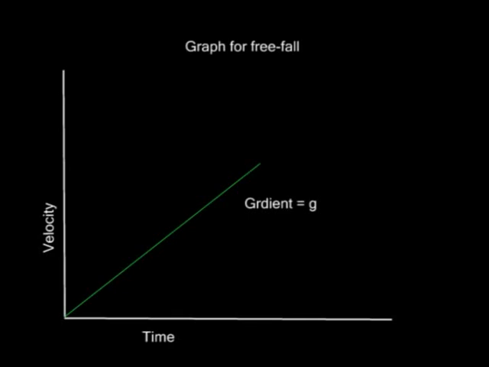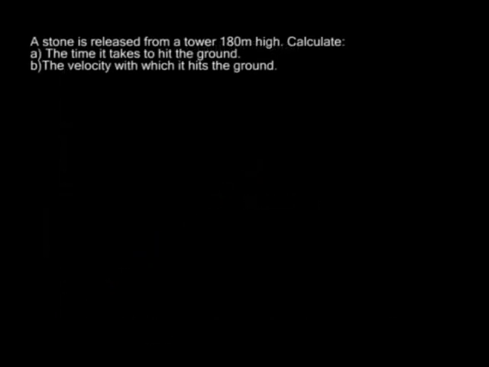An example: a stone is released from the top of a tower 180 meters high. Calculate a, the time it takes to hit the ground, and b, the velocity with which it hits the ground. In the solution for a, the most appropriate equation is h, height, is equal to ut plus a half gt squared.